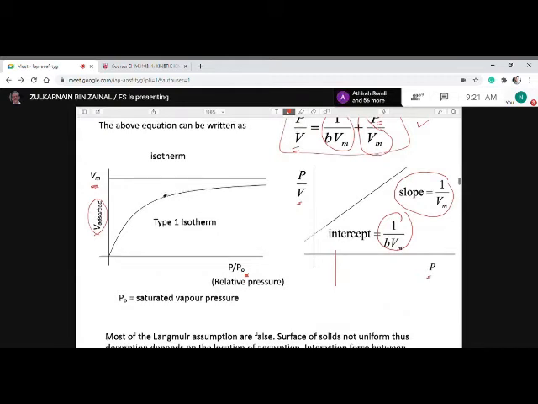So this is good when you do the BET isotherm. You want to look at what type of isotherm, whether it has hysteresis or non-hysteresis, and what type of hysteresis loops occur on the surface. So you plot the amount adsorbed, not Vm. Vm is this value. You plot the amount adsorbed versus the relative pressure.